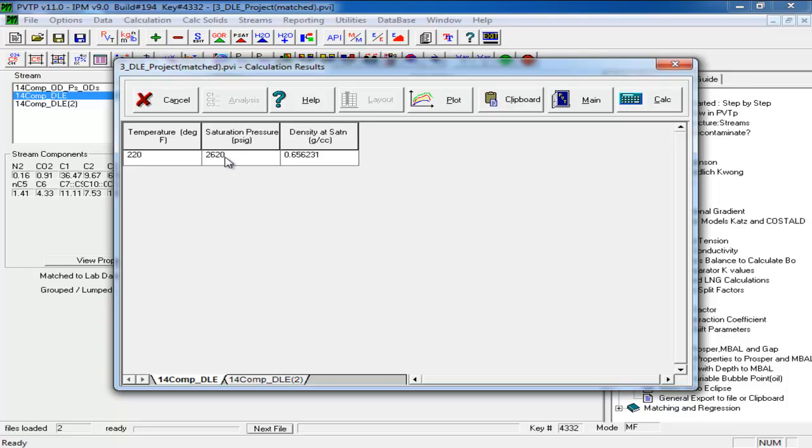For Peng-Robinson, let's say for this part here, remember, we will continue with red color here, with this one. This one is going maybe to do something like this. Let's ignore this one.